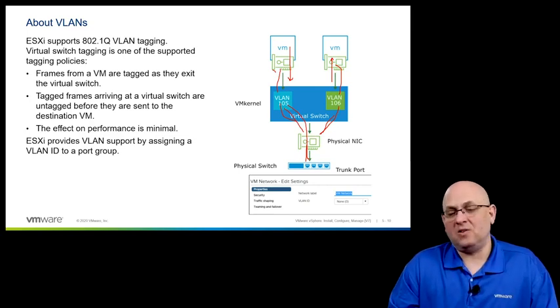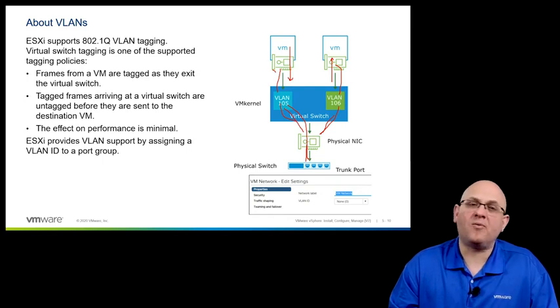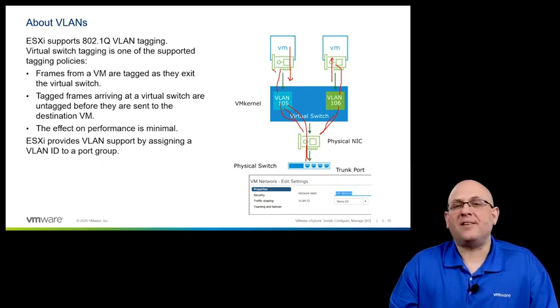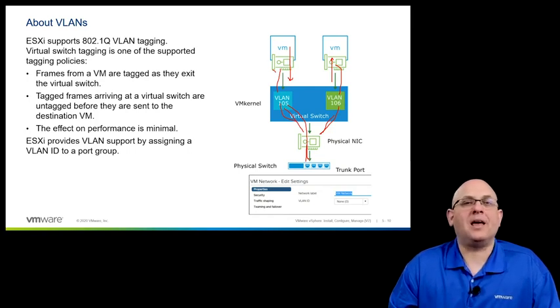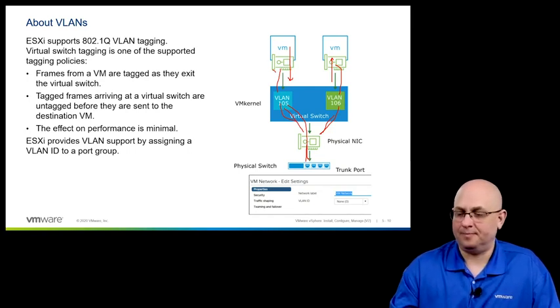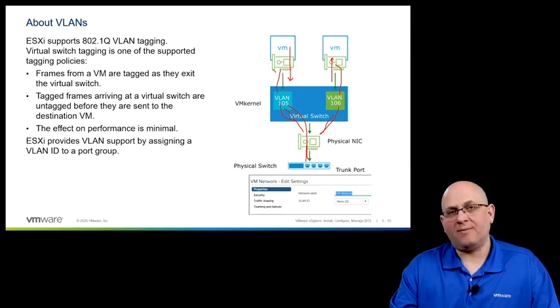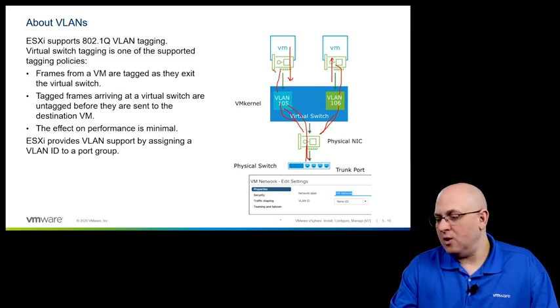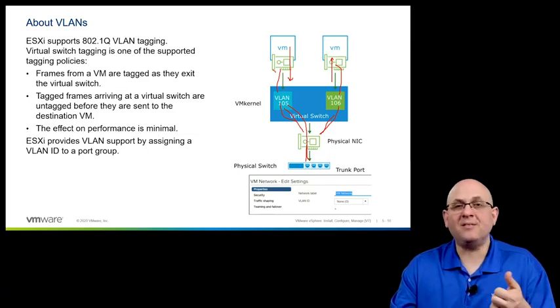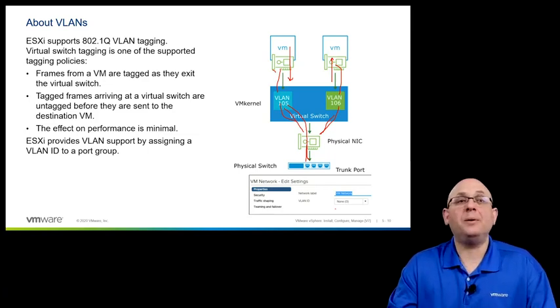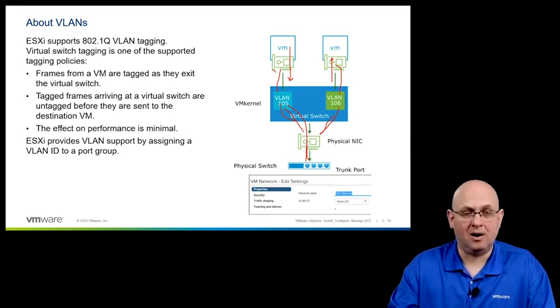Now, the nice thing about using VLANs is that the effect on performance is very minimal. We have a very simple tag in an Ethernet frame that ESXi will read and pass to the right place. When you are creating your virtual machine port groups or your VM kernel ports, you'll note that the VLAN ID can be one of three different things. It can be VLAN ID 0, which simply means we're not using VLAN tagging at all.